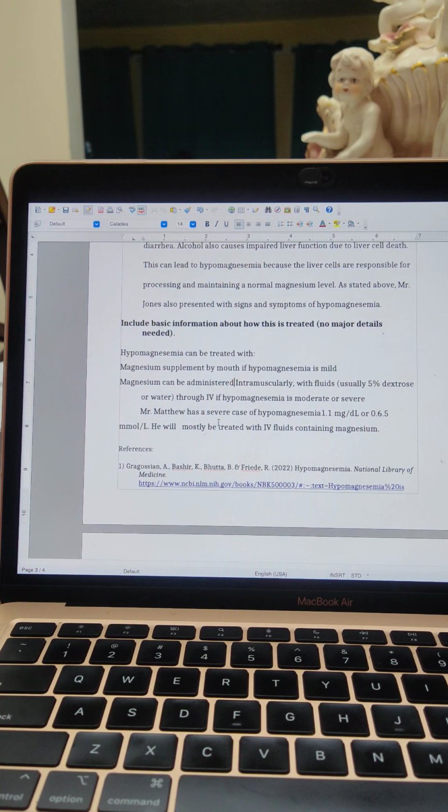Mr. Matthews has a case of severe hypomagnesemia with levels of 1.1 milligrams per deciliter or 0.65 millimoles per liter. So he will most likely be treated with IV fluids containing magnesium.